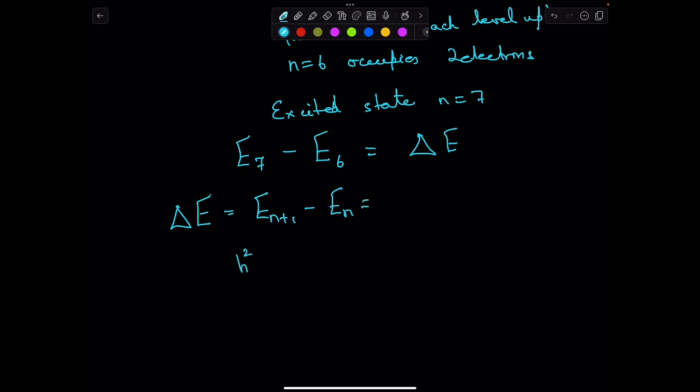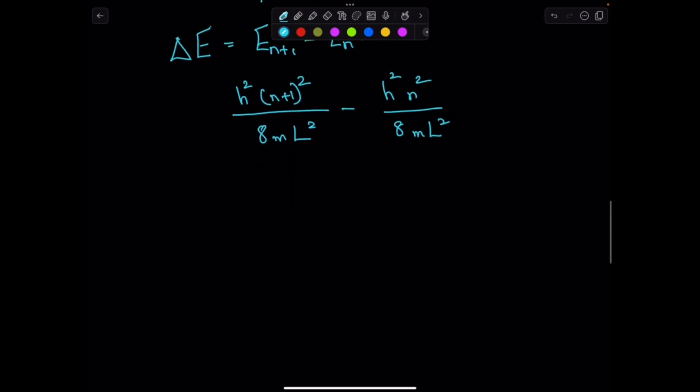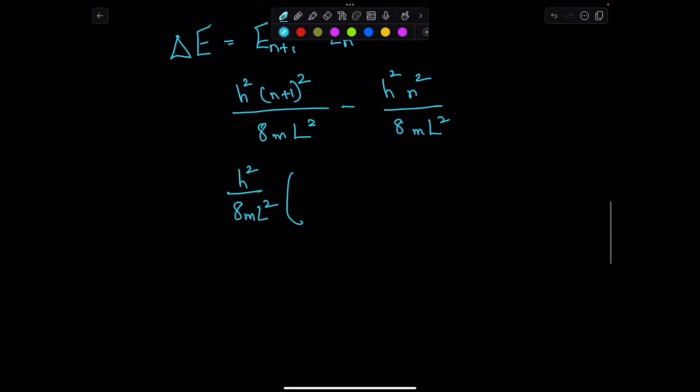which is h squared (n plus 1) squared by 8mL squared minus h squared n squared by 8mL squared. If we take h squared by 8mL squared outside, we can have (n plus 1) squared minus n squared.